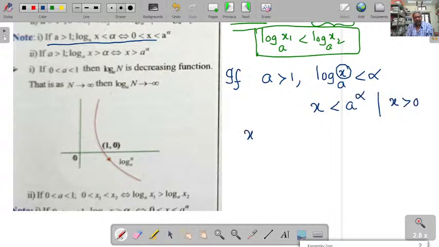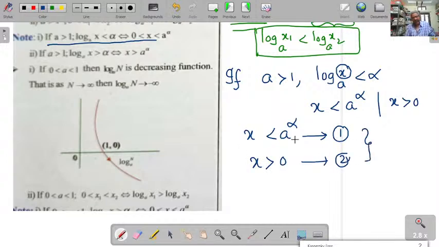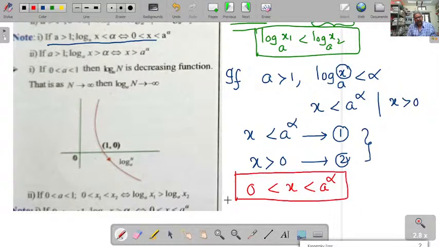So x less than a to the power of alpha is equation 1, x greater than 0 is the second equation. Combining these two, you get 0 less than x, x less than a to the power of alpha. This is a very, very important result to be remembered. I hope it's very clear to you.